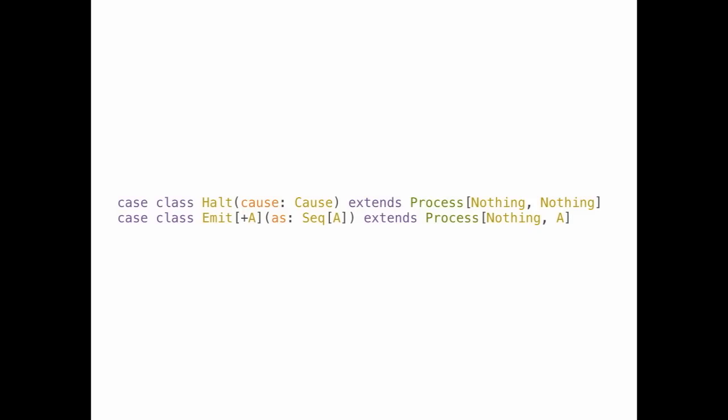Halt and emit. These are the two simplest cases of the algebra. A process can be empty. The halt process does nothing other than immediately stop, and it halts with a cause. I'm not showing you what cause is, but you can use your imagination. Basically, you could end normally, I made it to the end of the world and now I'm done, nothing unusual about that.